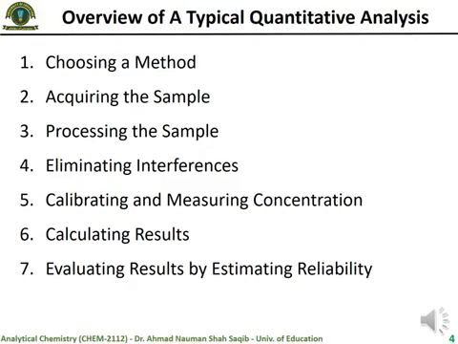After we measure the concentration of the analyte, the sixth step is basically we just calculate the results, and last we evaluate the result and see how reliable our analysis is. So these are the 7 steps involved in a typical quantitative analysis, and we will discuss all of them in detail in the coming slides.